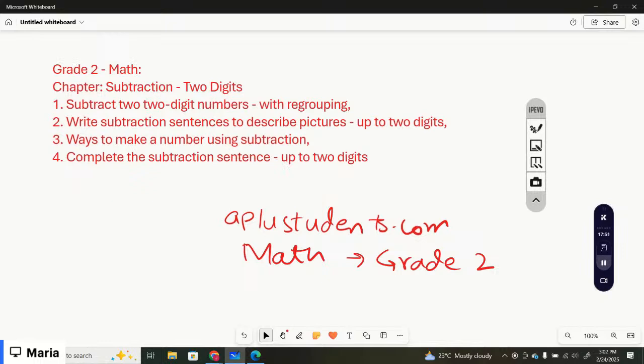Please make sure you have notebook and pencil so that you can note down the important examples and definitions as well.